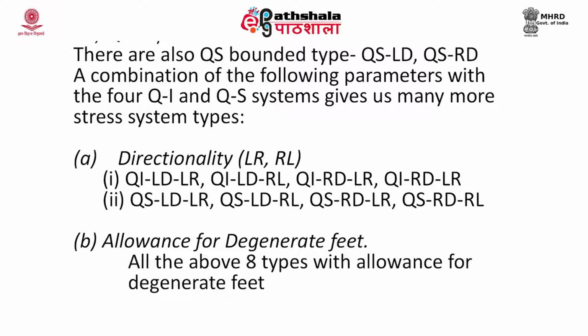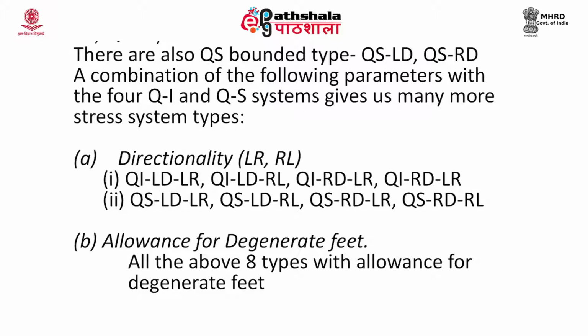We have looked at the bounded stress systems: quantity insensitive, left dominant; quantity insensitive, right dominant. And now, there are also other bounded systems, such as quantity sensitive, left dominant; quantity sensitive, right dominant. Now, when we try and combine all of these, we get a typology as the one given here.